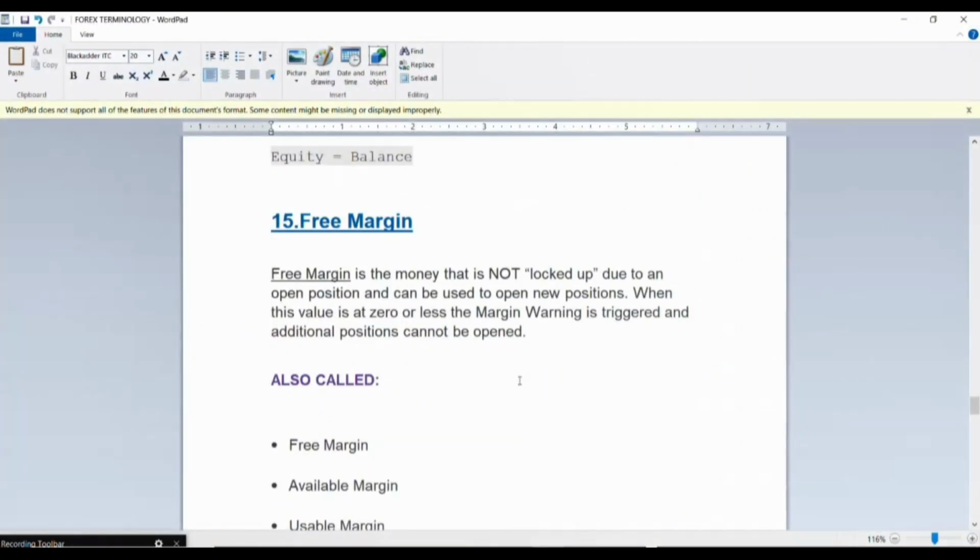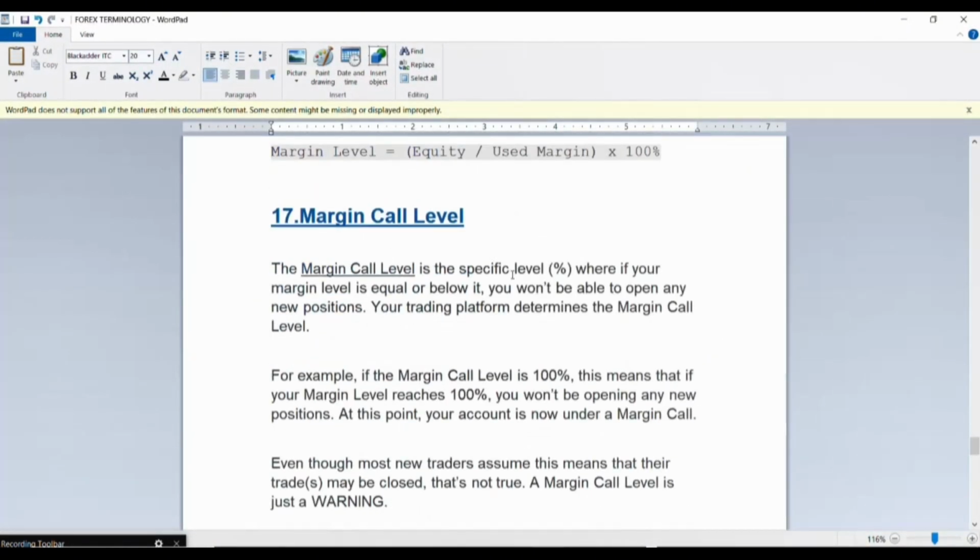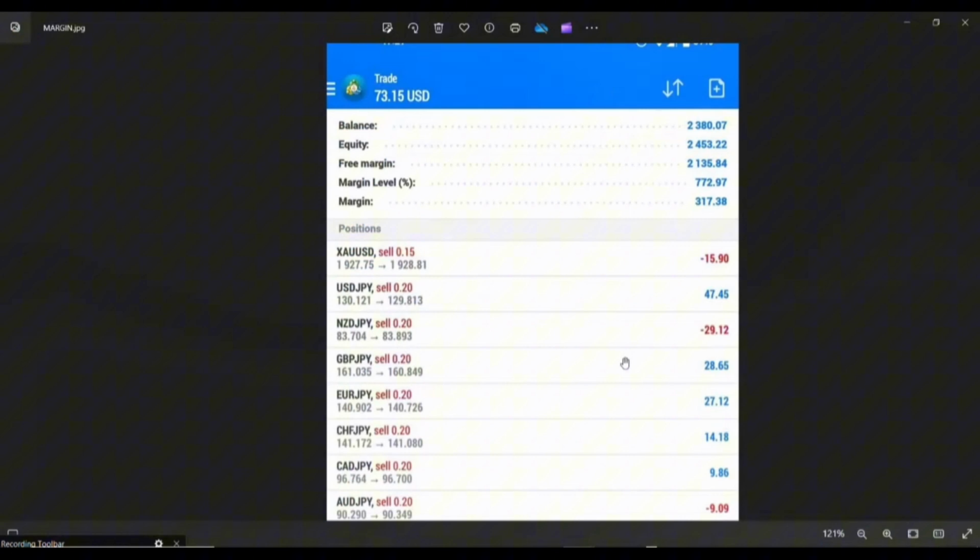I hope you understand. Margin call level is a specified percentage where, if your margin level is equal or below it, you won't be able to open any positions again. Now, when your account starts dropping, for example, if our free margin is 2,135, and we go below this level to a point where we do not have enough margin again, it means our margin level has depreciated.